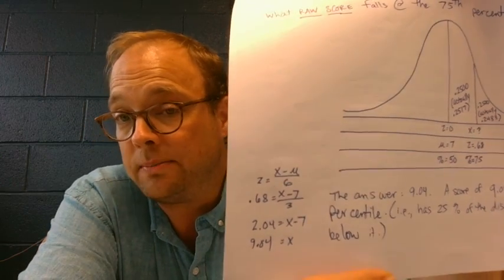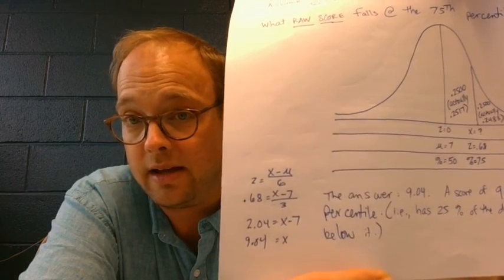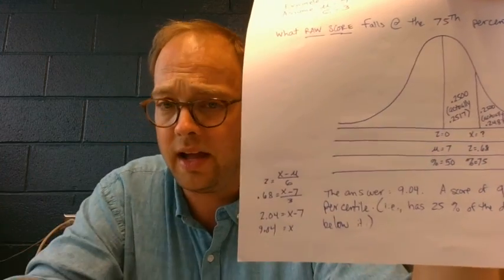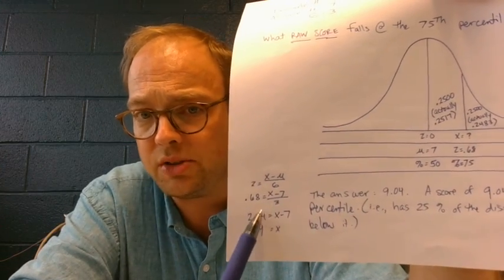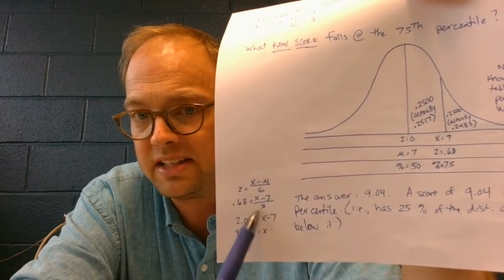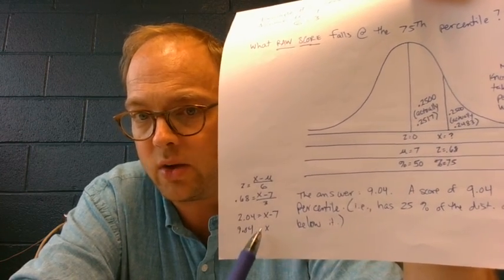Then I simply used the algebra that we reviewed before we got into the semester. I used cross multiplication. I multiplied 0.68 by 3 in order to isolate x minus 7 on one side of the equation. Hold on.